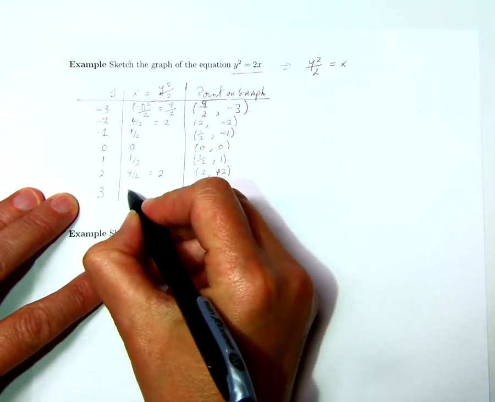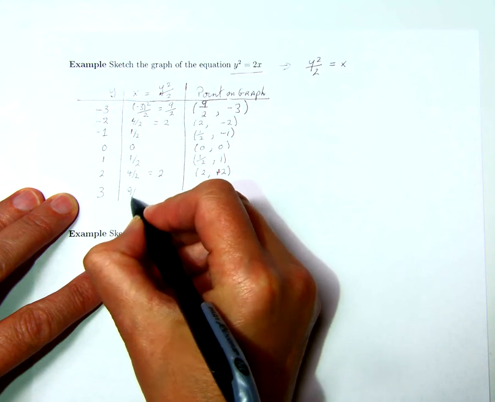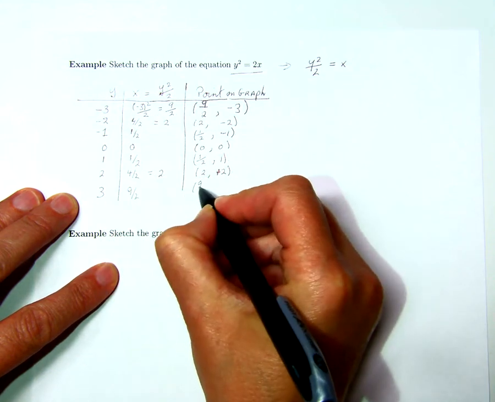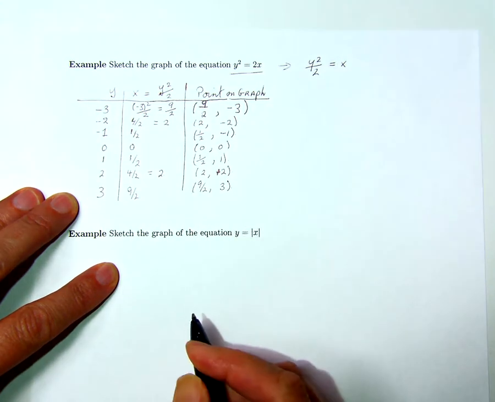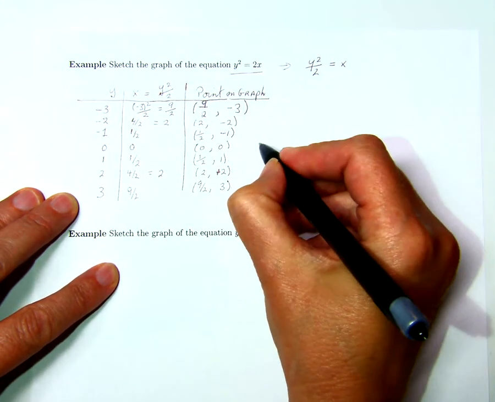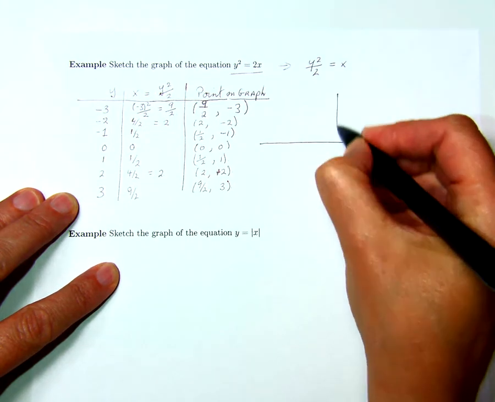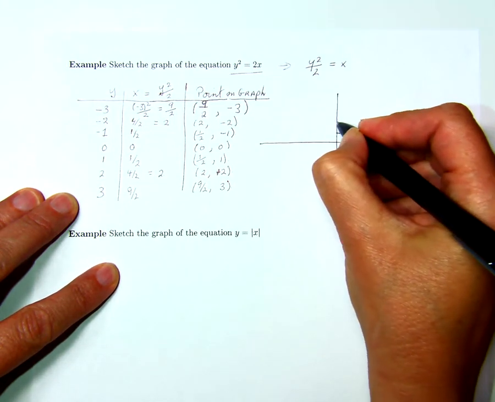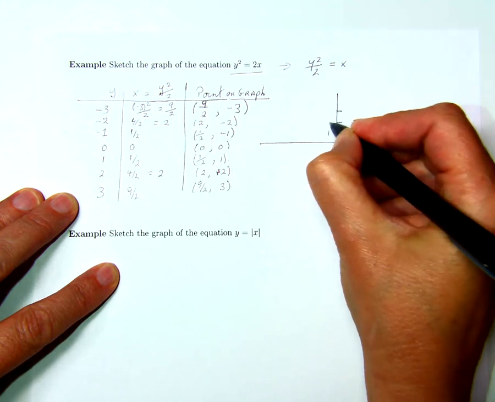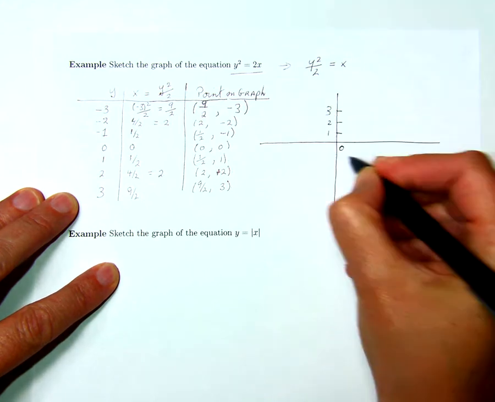When y is 3, then x has to be 9 over 2. And again, the point on the graph is (9/2, 3). Now we have a few points on the graph, and they correspond to values of y near 0. And we've let y run from negative 3 to 3.